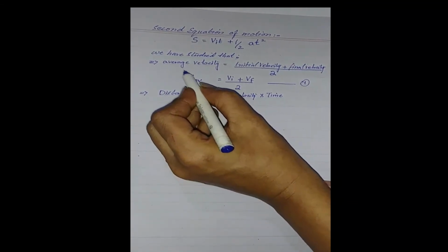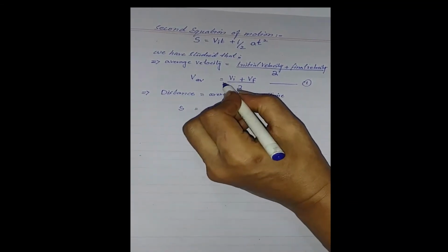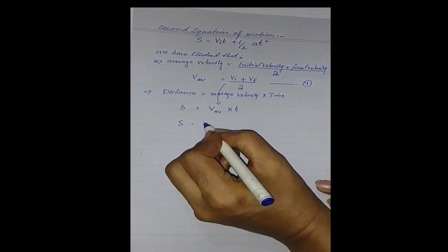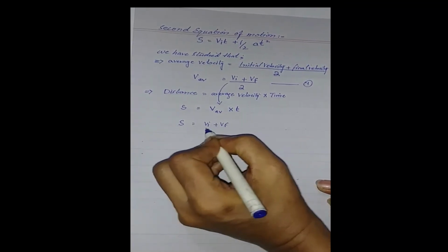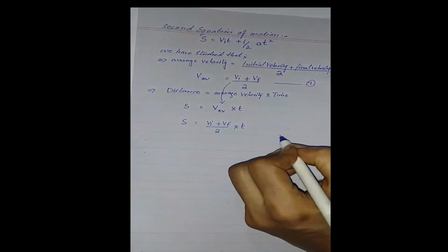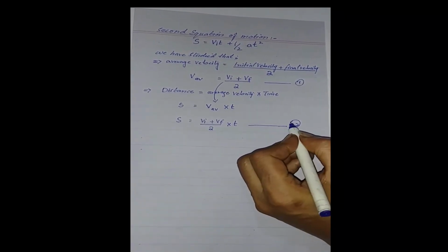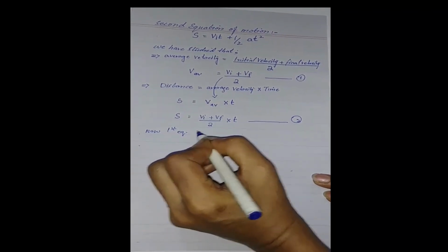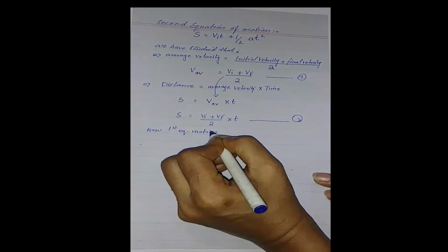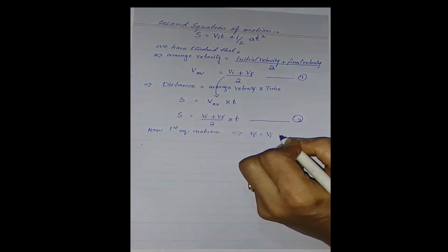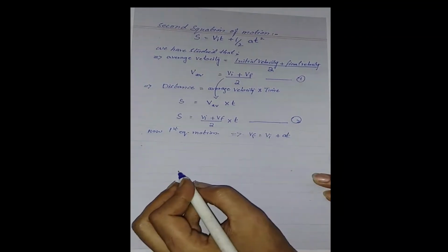We have already found the average velocity formula, so here we are going to put this value over here: Vi plus Vf upon 2 multiplied by t. Now we are going to call this equation number 2. Now we are going to use the first equation of motion, and the first equation of motion is Vf equals Vi plus At.